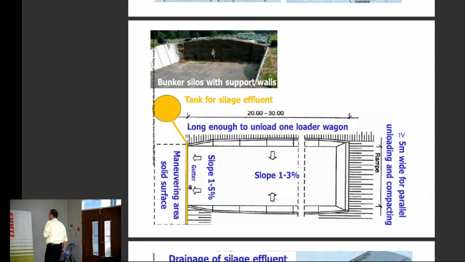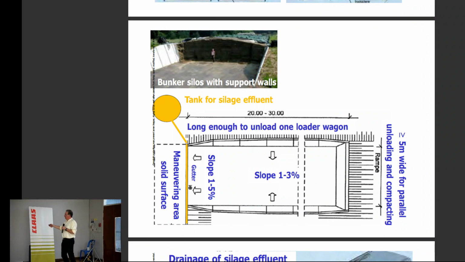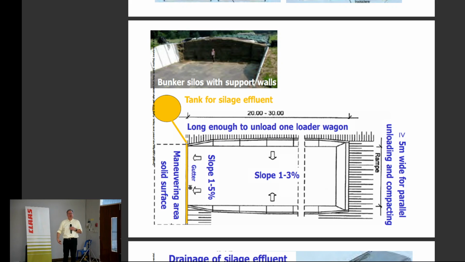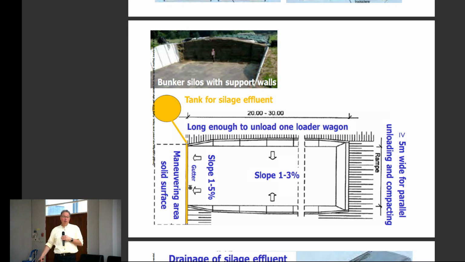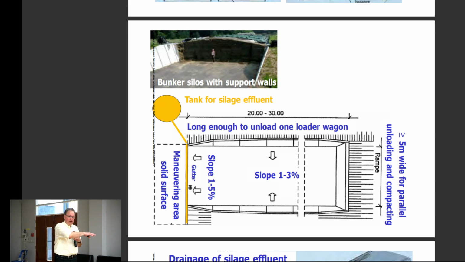And the other question, of course, is what is the length? If you have just a small silo, then it should be long enough that one loader wagon can be unloaded or loaded in one pass. Because then you just drive one way, you have these metering rollers, you get your nice layer, and then you can move out again.